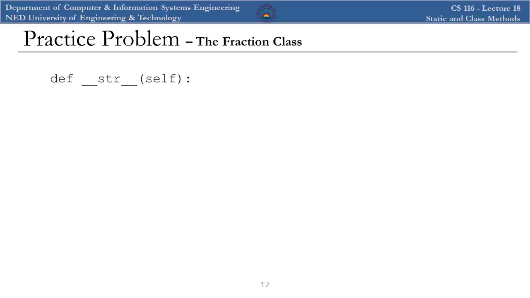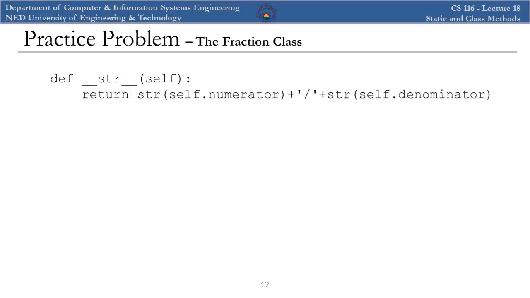For the str method, first I have to decide how I want my object to be printed. Let's suppose that I want my object to be printed like a real fraction. If the fraction is 1 upon 2, I want it to be printed as 1/2. So this is the simple string that will be printed: numerator, then slash, and then denominator.